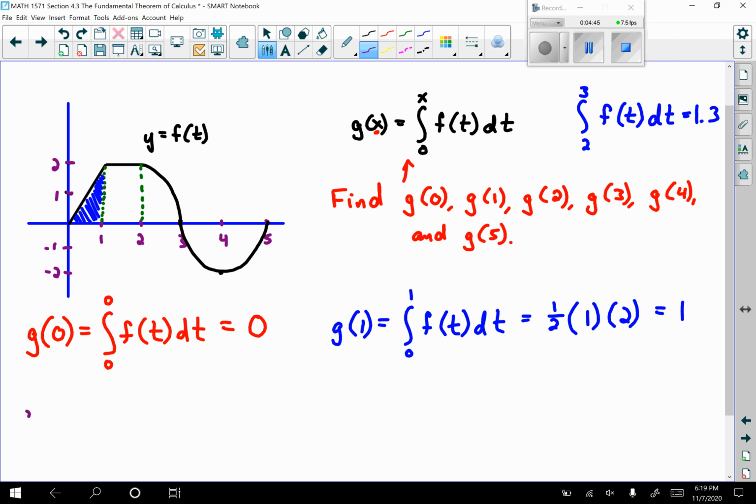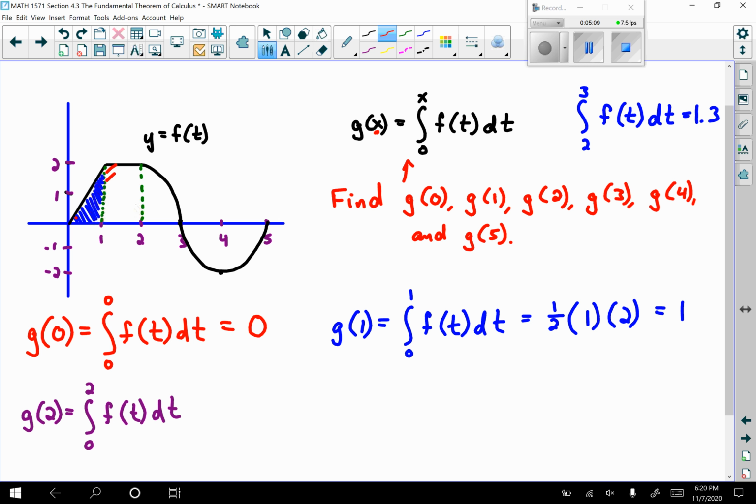Next, we're going to take a look at g of 2. So that's equal to the integral from 0 to 2 of f of t dt. So now this is going to be the area from 0 to 2. Well, if you notice, I already found the area of what's in blue. So let me just kind of go back.